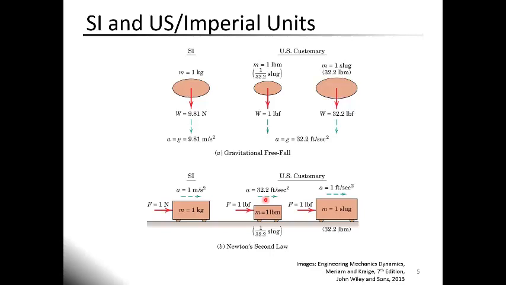If you remember from Newton's second law, the mass and the acceleration are inversely proportional. If we increase the mass, the acceleration decreases. If we decrease the mass, the acceleration increases. And here is the case. When we decrease the mass from 32.2 pound mass to 1 pound mass, we found that the acceleration has increased, from 1 feet per second squared to 32.2 feet per second squared.